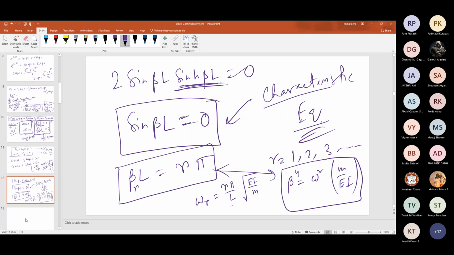Please verify. So I'm getting r pi by L whole square, that is r square pi square by L square. Correct? Yes, sir. Anybody else? Please verify why different people get different answers. So please check where I write r pi by L, root over EI by m.